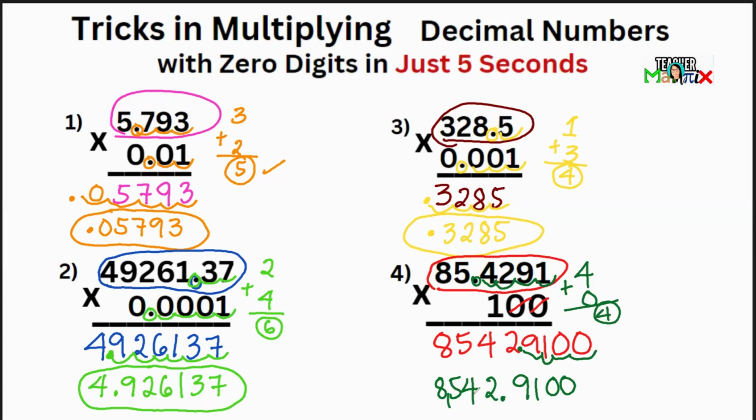So, 8,542,9100, 10,000s. Or pwede na rin i-remove yung 00 kasi wala namang value na yan. Or kung gusto mo, pwede din i-remain na lang. As long as you ended up with this answer without any violations.